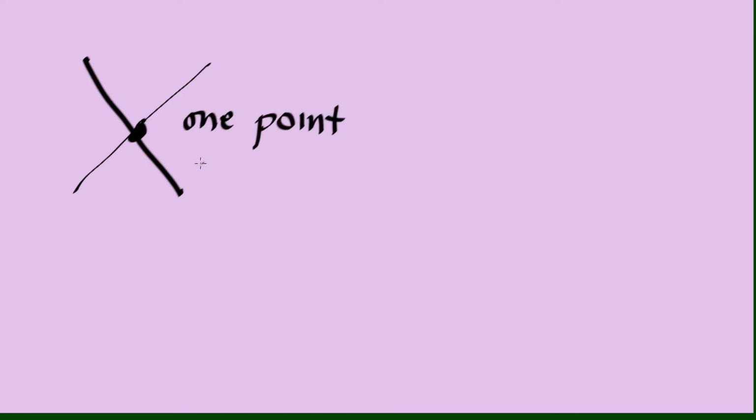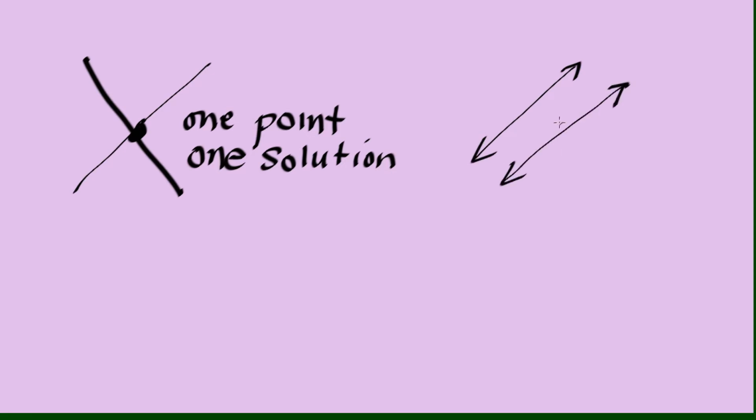Now, there are two other possible cases when you graph two lines on a plane. Again, in the first case there's one point of intersection, and that point is the solution. Now, two lines can also be drawn parallel to each other.